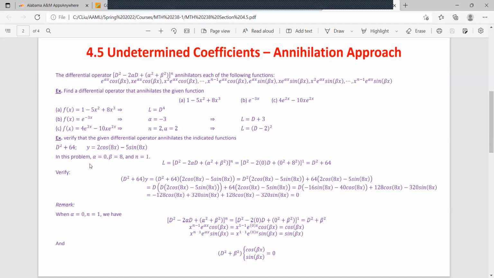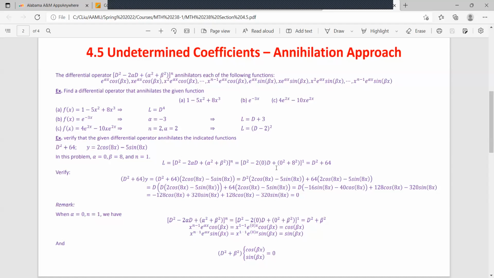So in this problem, if you let alpha equal 0, beta equal 8, and n equal 1, then the operator d squared minus 2 alpha d plus alpha squared plus beta squared, to the n, will be d squared minus 2 times 0 times d plus 0 squared plus 8 squared, to the first power. 2 times 0 is just 0.